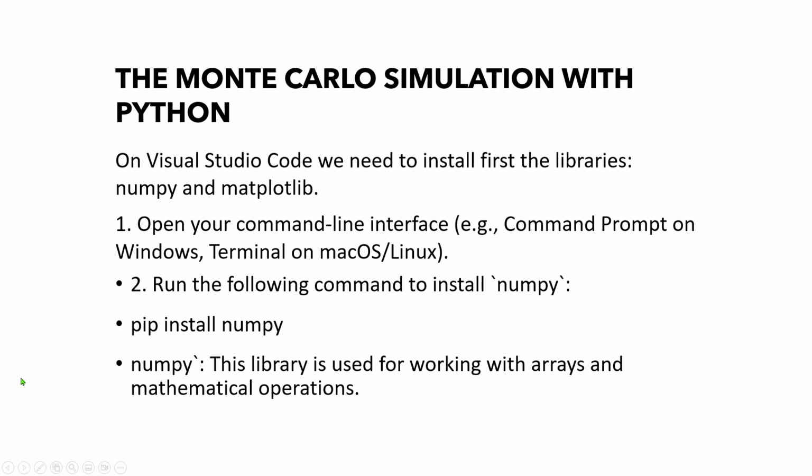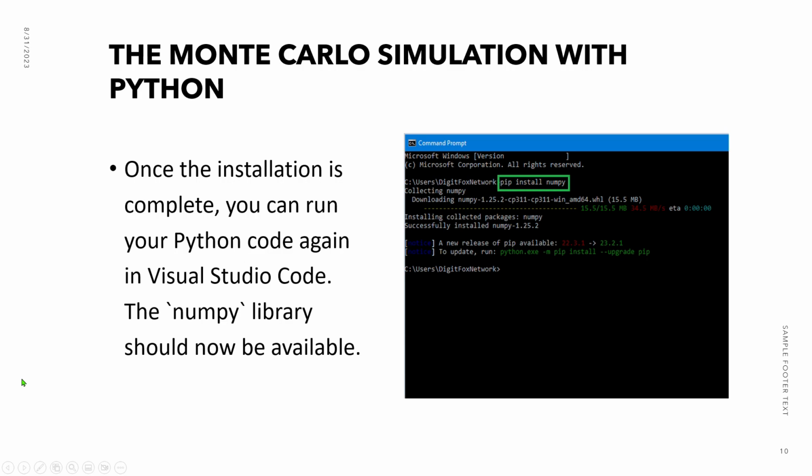Second, run the following command to install NumPy: pip install numpy. NumPy, this library is used for working with arrays and mathematical operations. Once the installation is complete, you can run your Python code again in Visual Studio Code. The NumPy library should now be available.